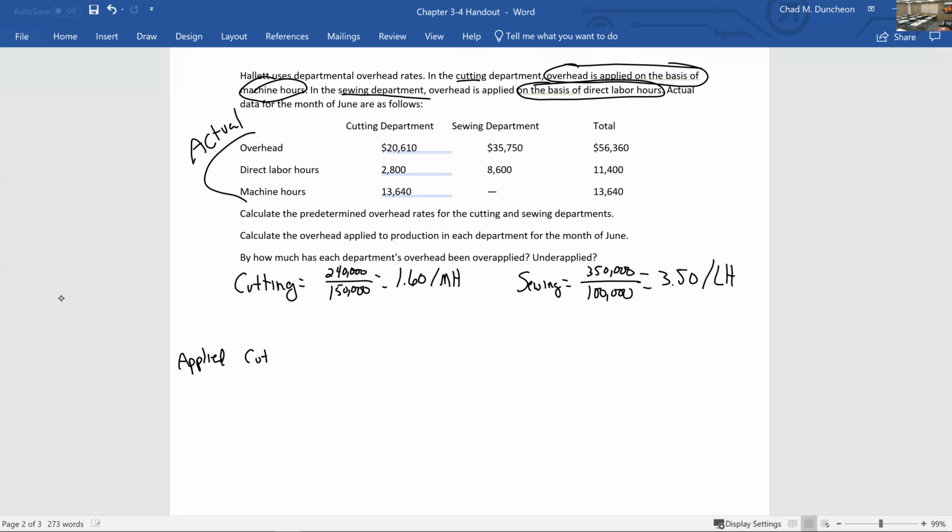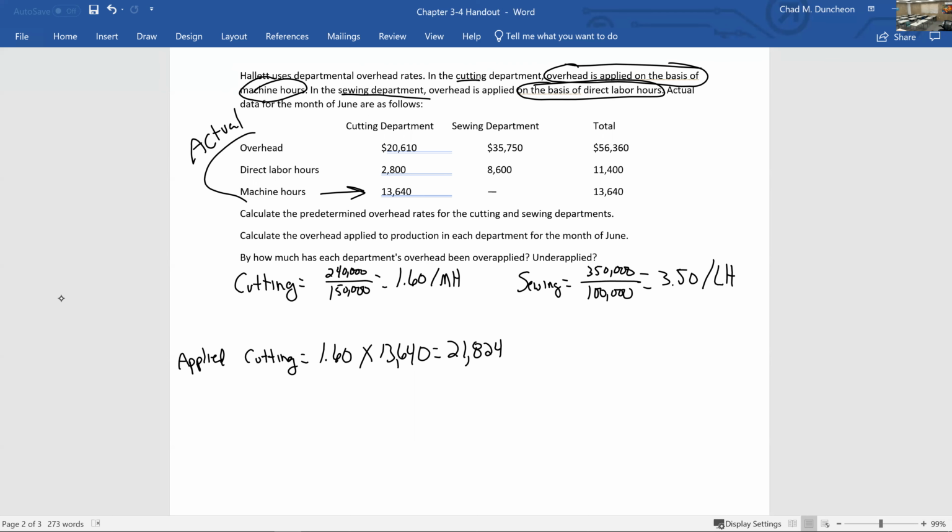So now I can raise this up, because that's all we need the estimates for. Next, applied. In the cutting department, we're applying it at $1.60 per machine hour. How many machine hours were actually used? We come up to our actual data, and we get 13,640. So we are applying here 21,824.